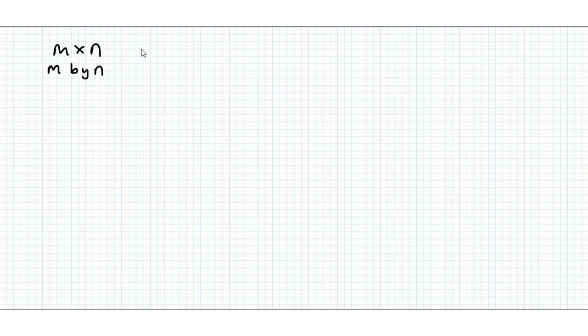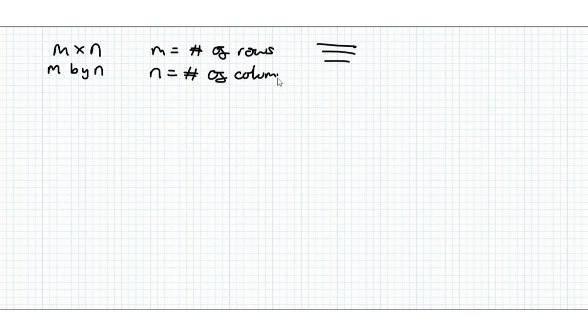So we have an m by n matrix where m is equal to the number of rows, and the rows are going across, and n is equal to the number of columns, so the number going down. If you're not familiar, this hashtag can be used for "the number", which is helpful instead of writing it all out.